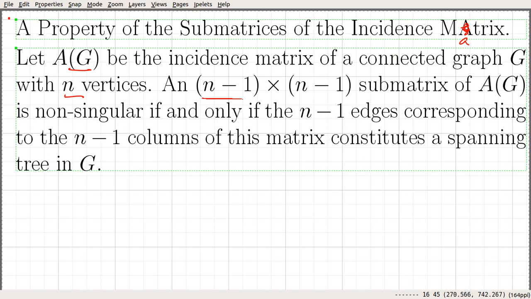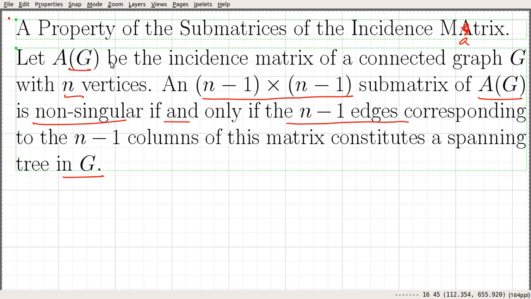We consider any n minus 1 by n minus 1 submatrix of A of G. That matrix is non-singular if and only if... here what we are doing is choosing some edges, right? If and only if the n minus 1 edges that we chose, corresponding to the n minus 1 columns of this matrix, constitute a spanning tree in G.